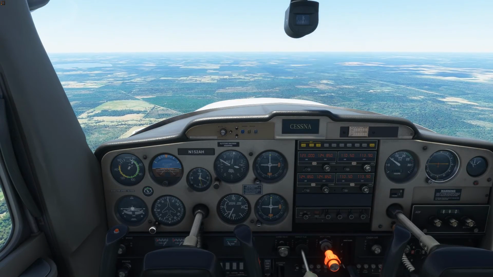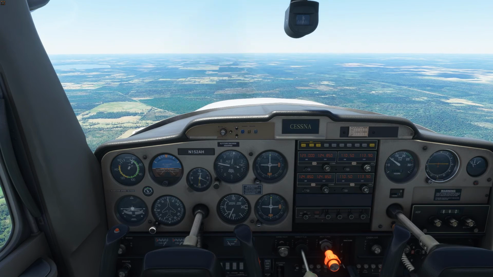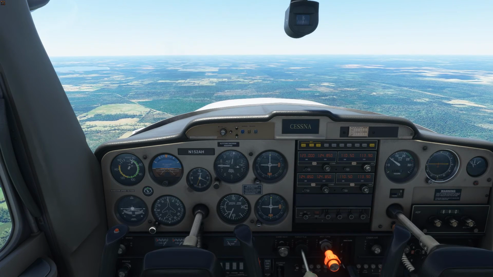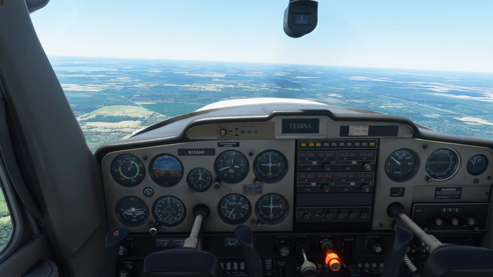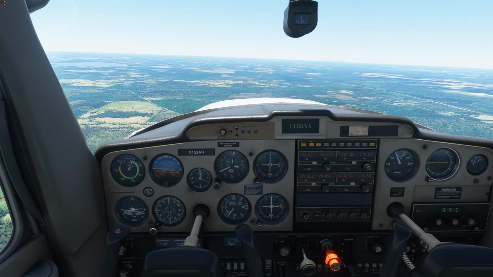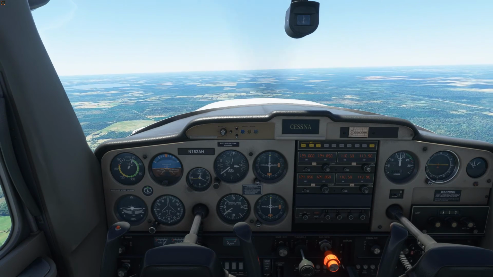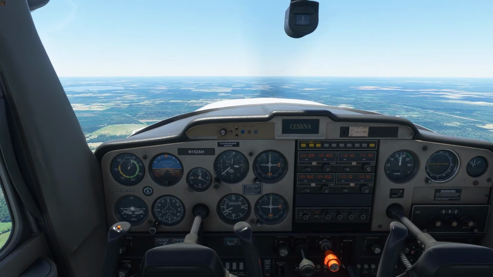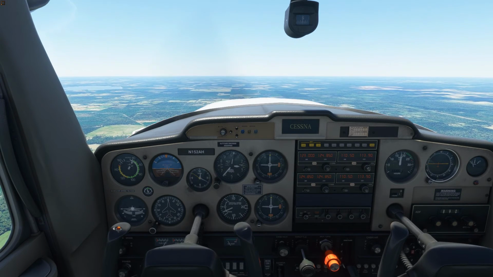Another thing you'll notice is even with the power at idle at this airspeed, it doesn't descend quite as quickly as it did when we were at our approach speed. And we'll go ahead and level off at 2,500 feet just like we did with the last maneuver. And again, we want to lead the level off by about half of our rate of descent.